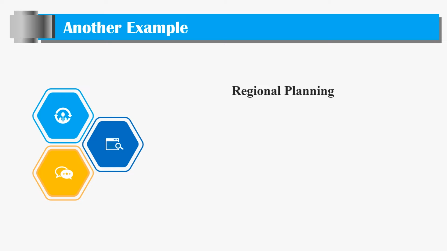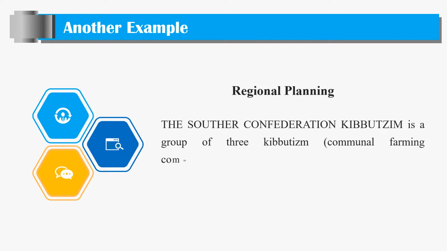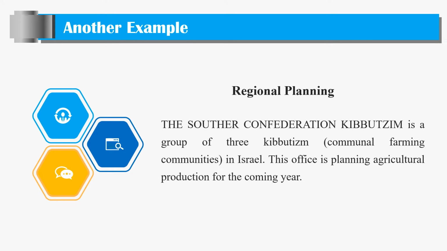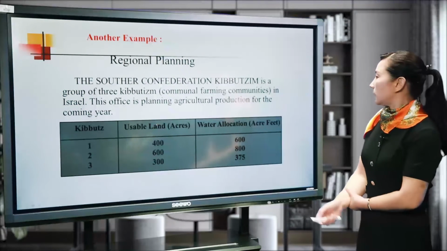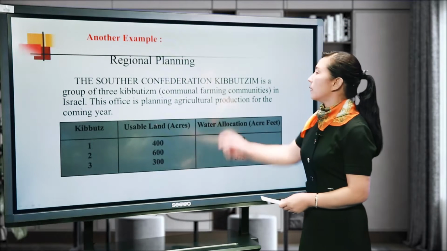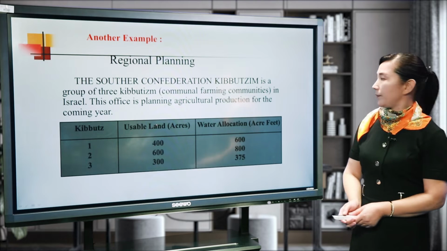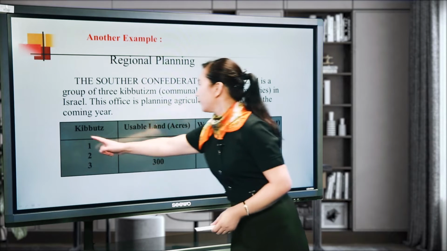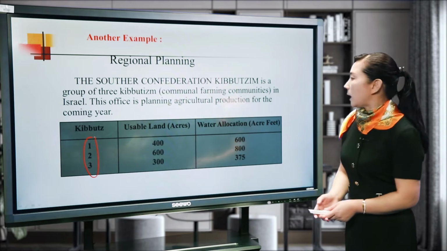Regional planning. The Southern Confederation of Kibbutzim is a group of 3 kibbutzim. A kibbutz is a farm community in Israel. This officer is planning agricultural production for the coming year. And this is some information on the 3 kibbutzim. Kibbutz 1, 2, 3.